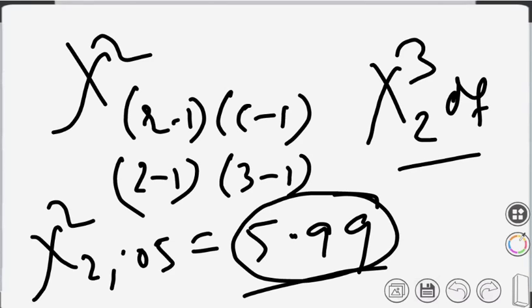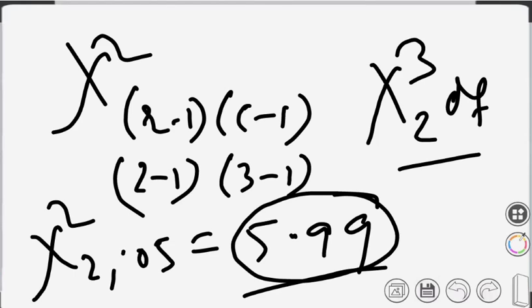So we cannot say that the IQ level is independent of economic condition. Please say something: the IQ depends upon economic condition.